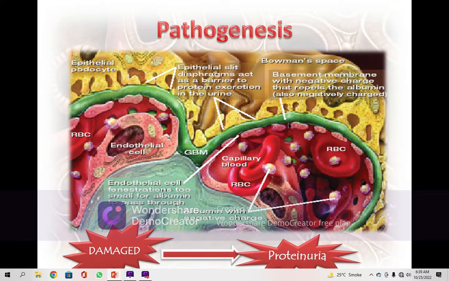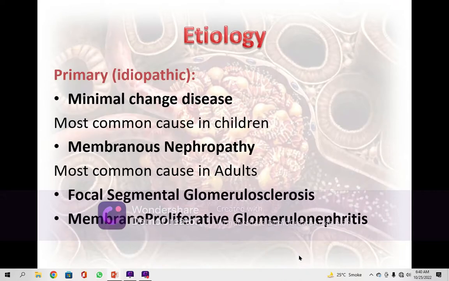So repulsion occurs, and in this fashion the albumin will not be able to come out into the proximal convoluted tubule. So if the glomerular basement membrane, these pores, the Bowman's space and podocytes are disturbed or damaged, then protein will be released into the urine. Simple as that.